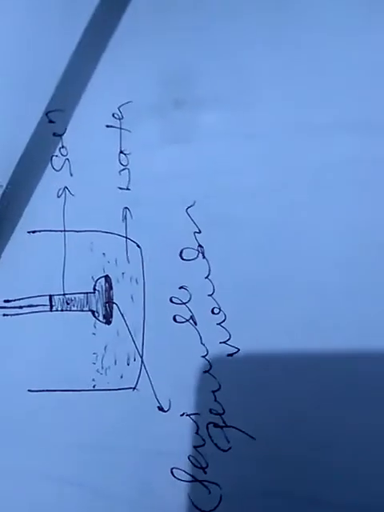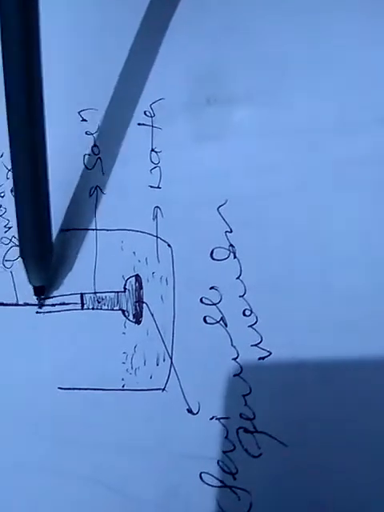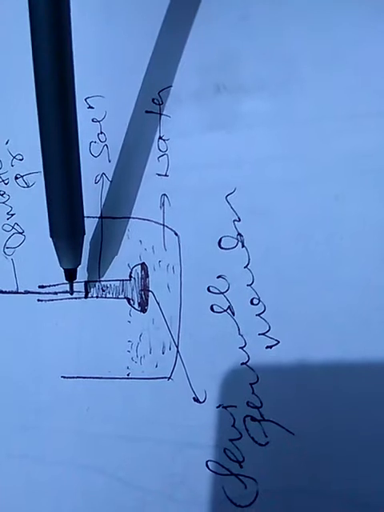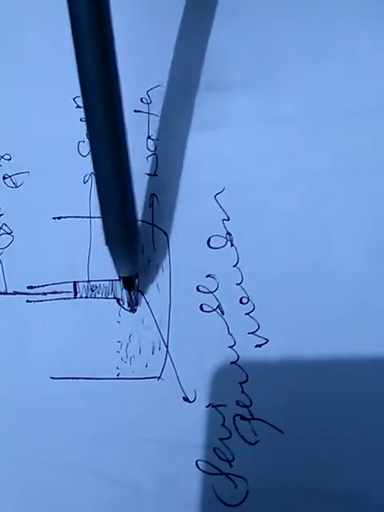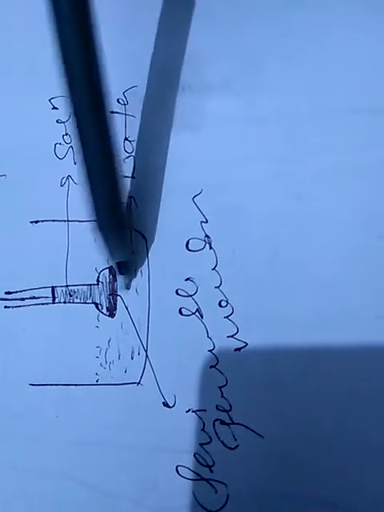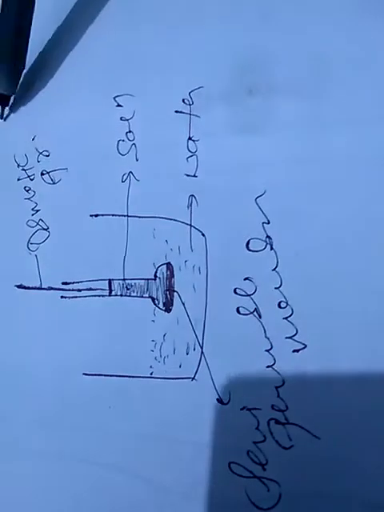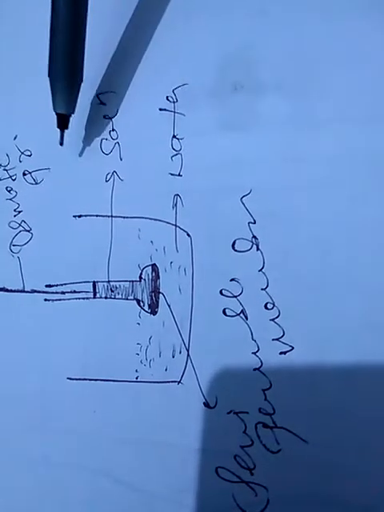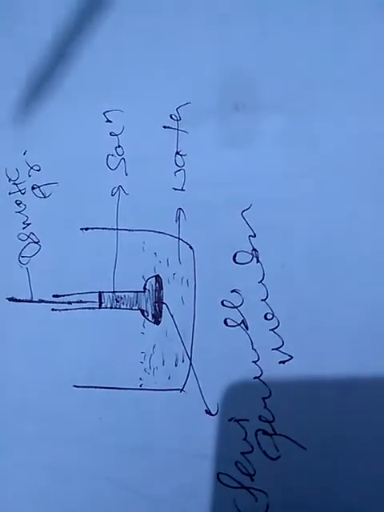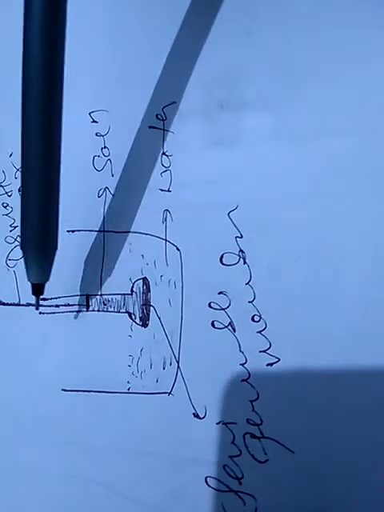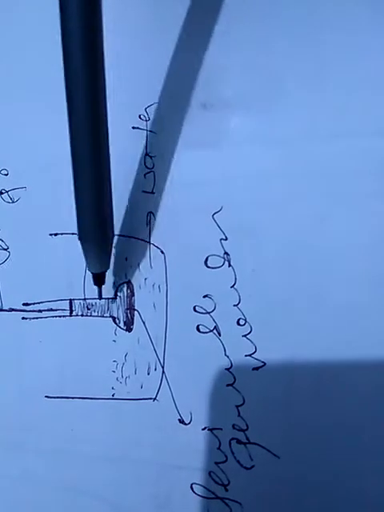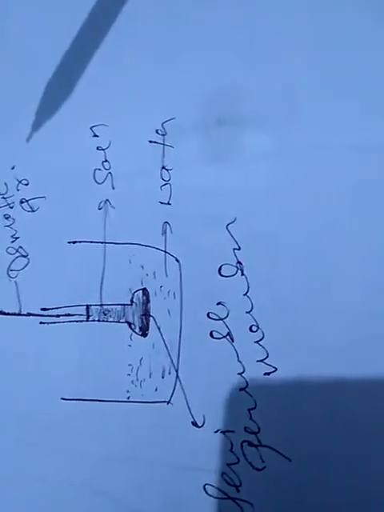Now when we applied pressure with the help of a piston, a minimum pressure is required to prevent the entry of the solvent molecules inside the thistle funnel, and that minimum pressure was termed as osmotic pressure. This is what we have seen in the previous video.